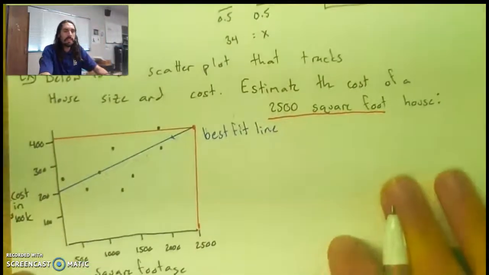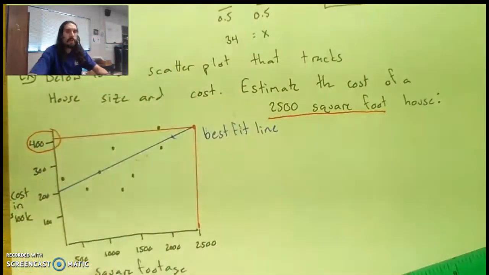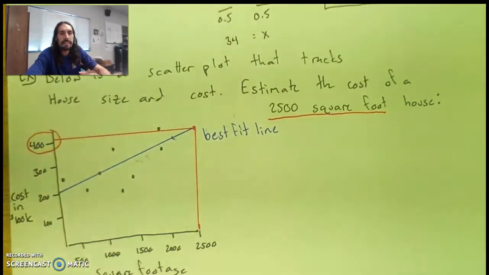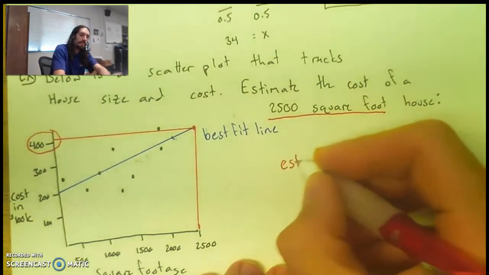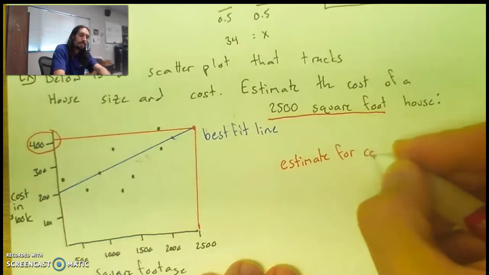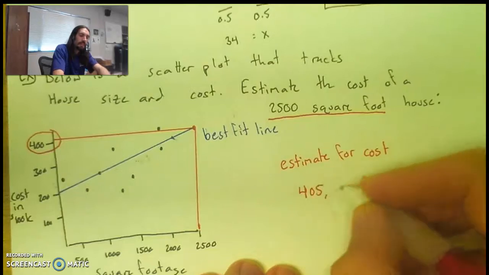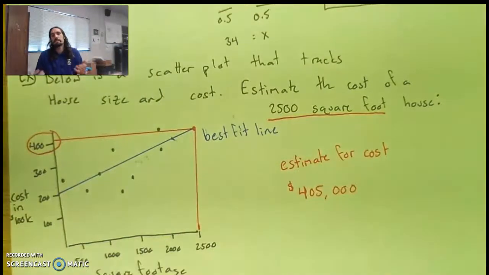And we can now read our estimate. I see that my red line over here is a little bit above 400. Not tons, but it isn't hitting exactly at 400. So my estimate for cost is going to be $405,000, because I'm just going to go a little bit above 400, something nice.